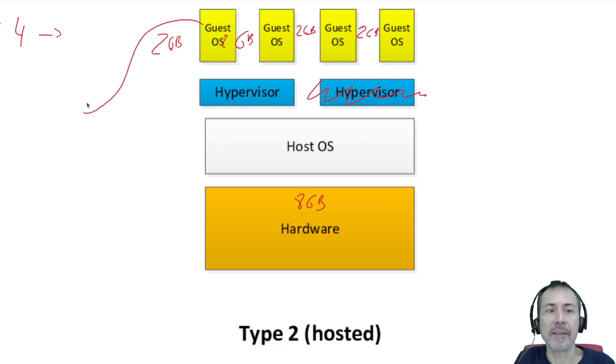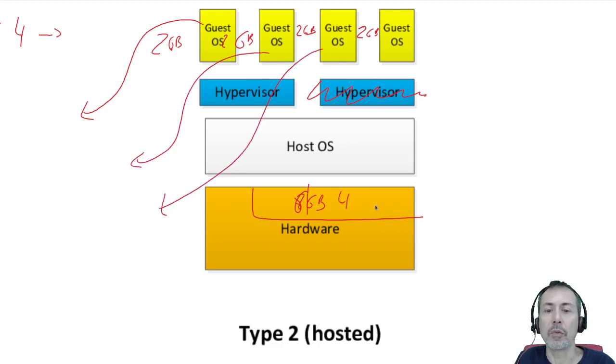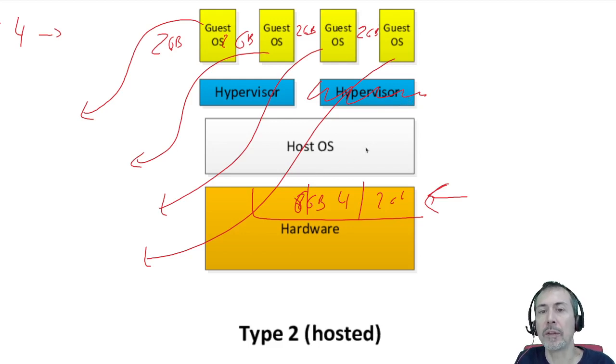If you start this computer, you will only have 6 gigabytes free. If you start this computer, 4 gigabytes. If you start this computer, 2 gigabytes. And if you start this computer, you won't have any memory left for your computer, so it will probably halt or will use a lot of virtual memory, and you won't be able to work properly.